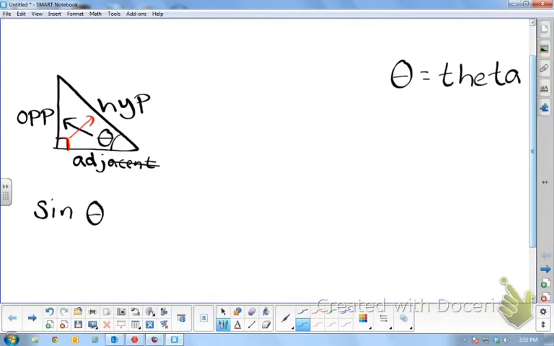So the sine of that angle, theta, and they could have called it anything. We could have called it the bob of theta, but obviously they use more Greek and Latin terms because this is when a lot of these terms were coming about. Sine of theta is opposite over hypotenuse.